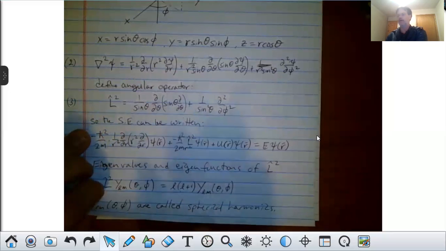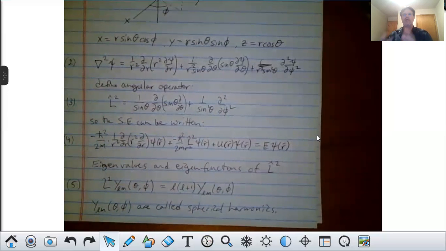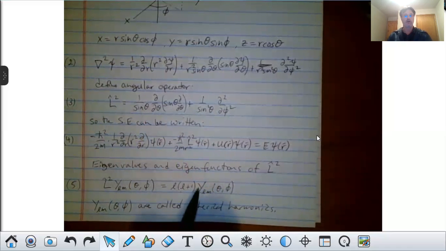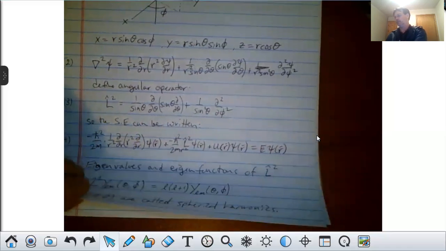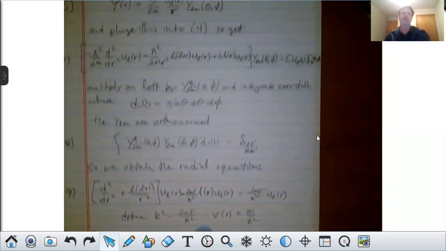Now we want to use them to get rid of the angular part and end up with just an equation for the radial part of the psi wave function, since we know what the angular part is. Let's look at one way that can be done.